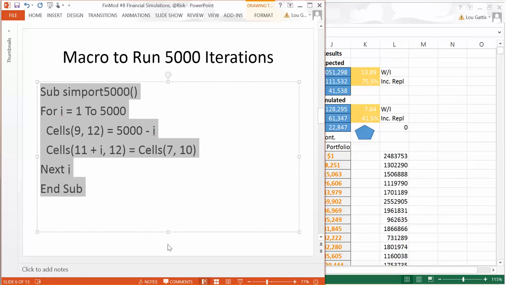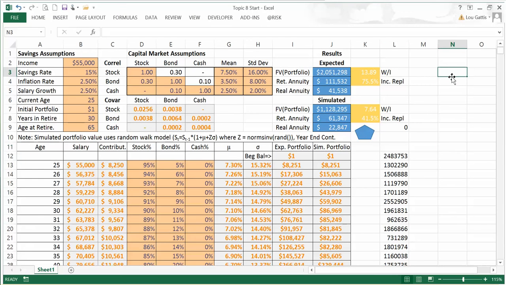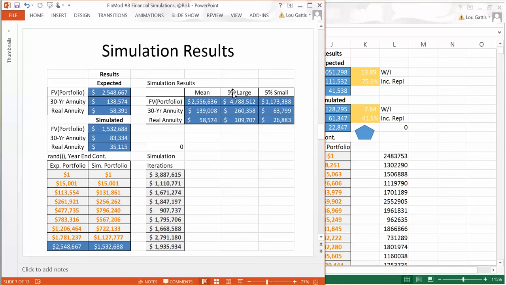Now we're going to look at the distribution of that series. So let's look at the mean, the 5% largest, and the 5% smallest portfolio value, and then we'll use that to calculate an annuity and real annuity.